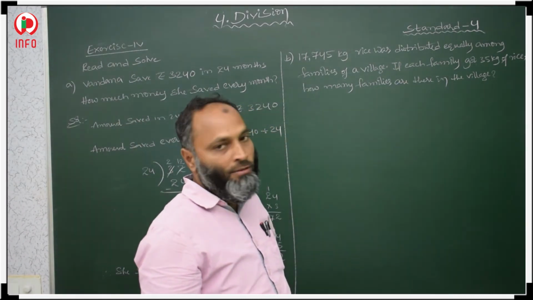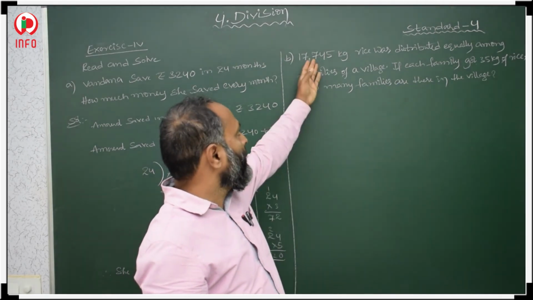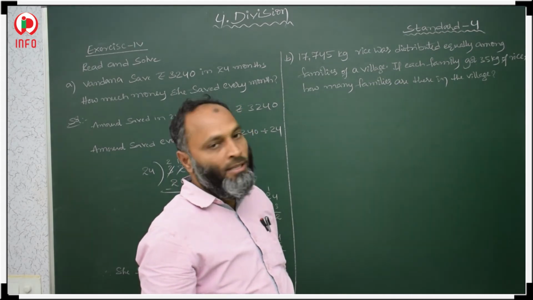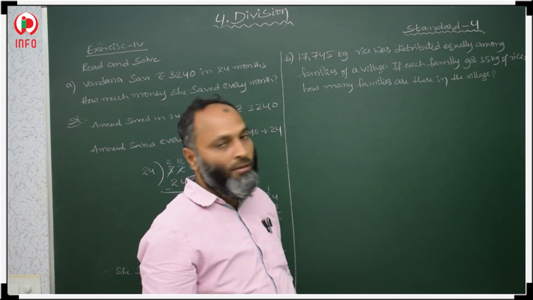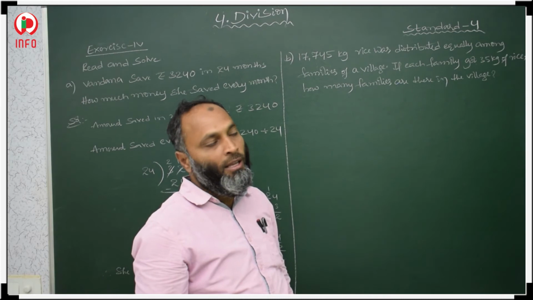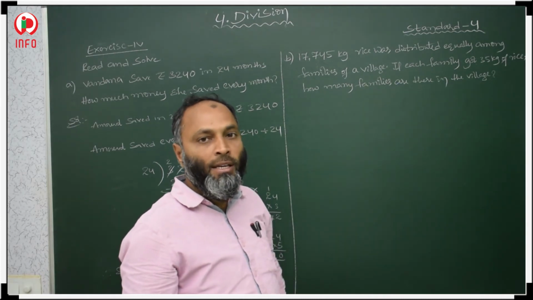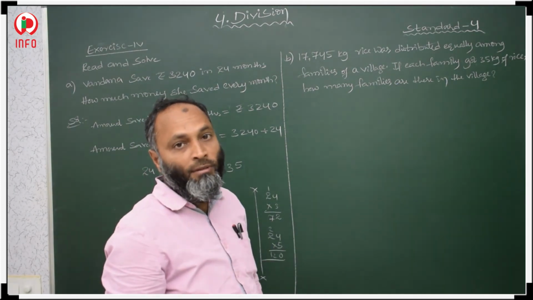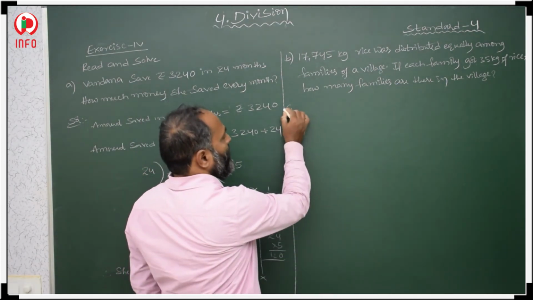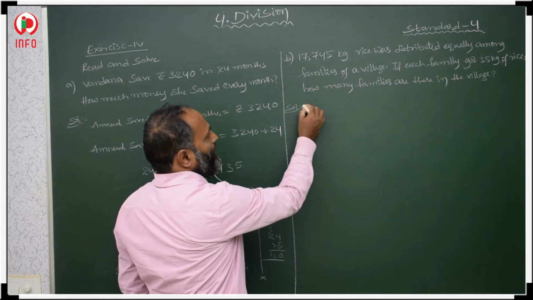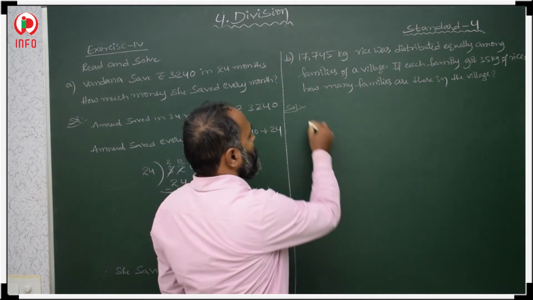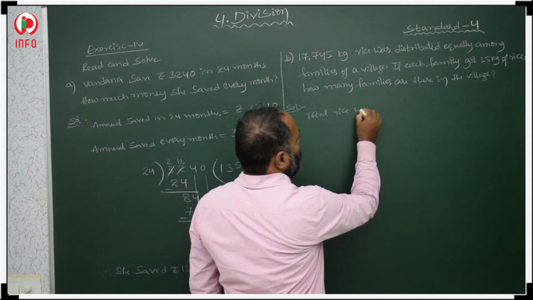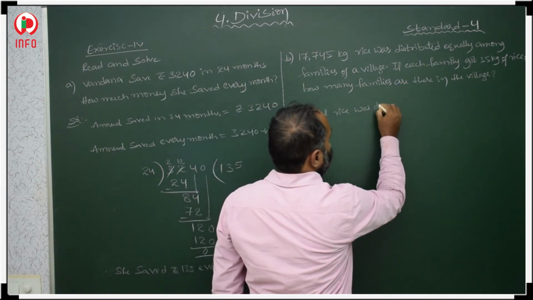The number of families we have to find. We divide the total rice by the rice each family got, then we will get the number of families in the village. So the solution: the first one is total rice was distributed.